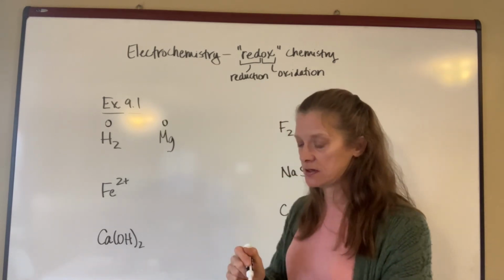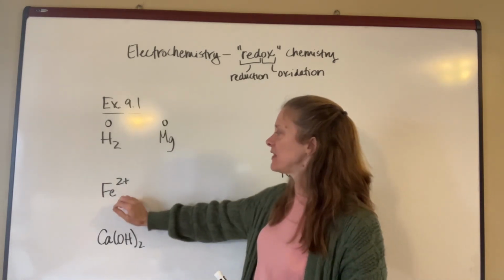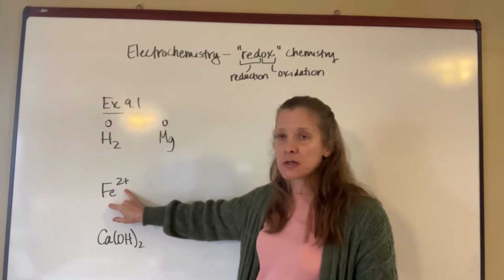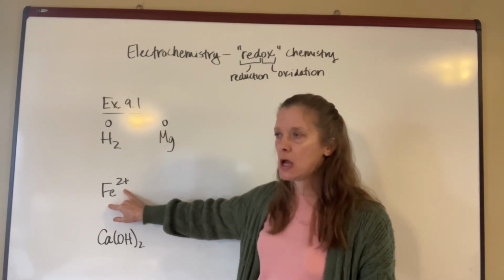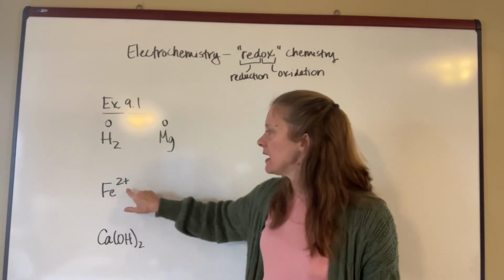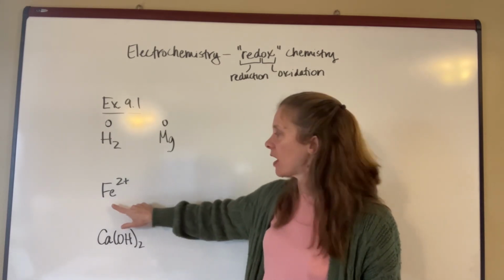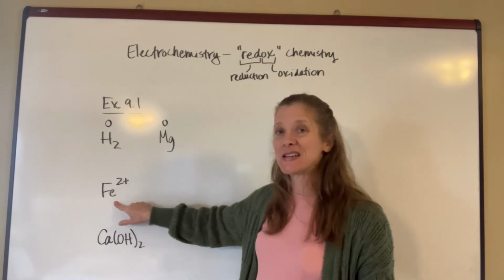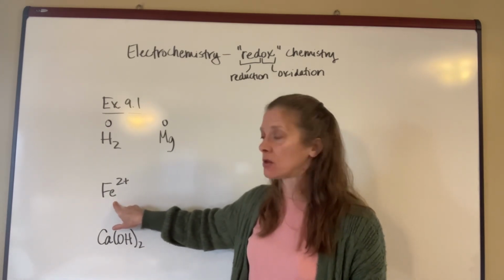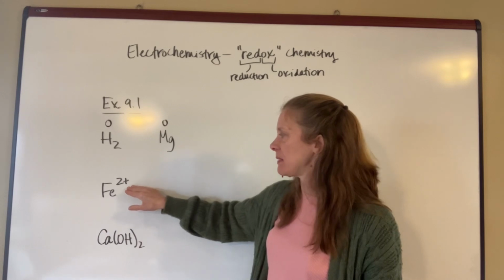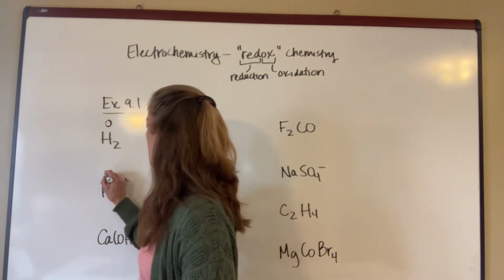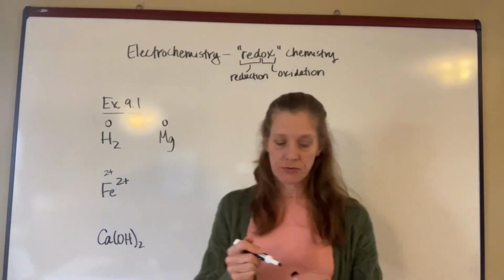Now, on the other hand, if I have an atom and there is a charge written on it, so this is probably going to be an aqueous solution like we've been talking about with some of our solution chemistry, that charge is also going to be the oxidation number for this particular atom. So if this is a +2 ion of iron, the oxidation number is also going to be +2.